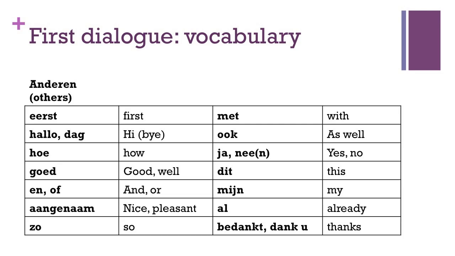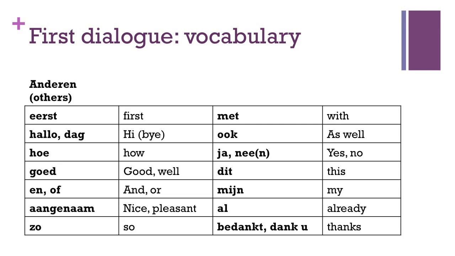En is and and of is or. Aangenaam is nice or pleasant. Zo is so. Met is with. And ook is as well. Ja is yes. No is nee or neen. Nee and neen can be used interchangeably.